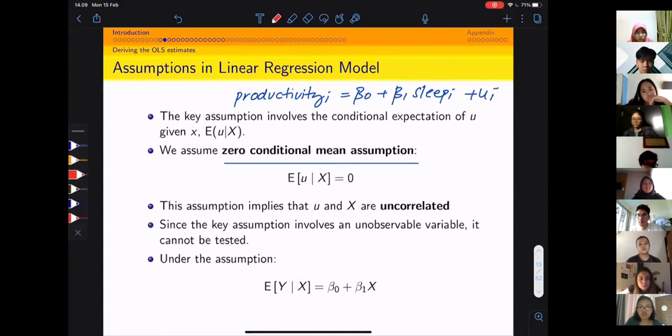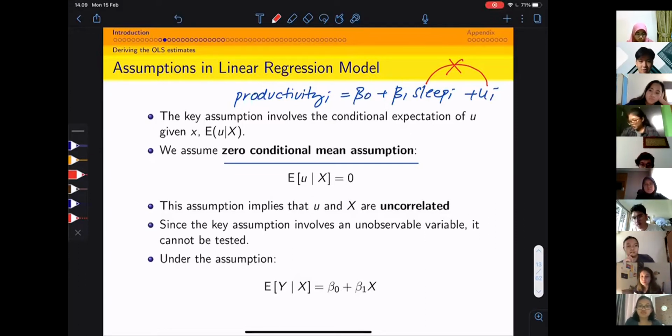What does it say? It says that there is no correlation between the factors that we do not observe and the amount of sleep that we get. That's the general statement. I'm not going to get into specifics, but for now, we're just going to assume that.